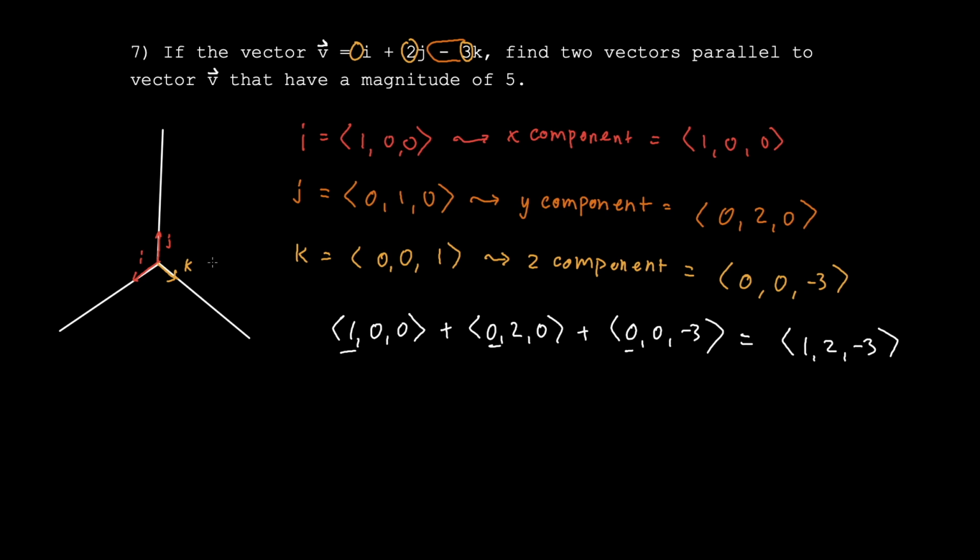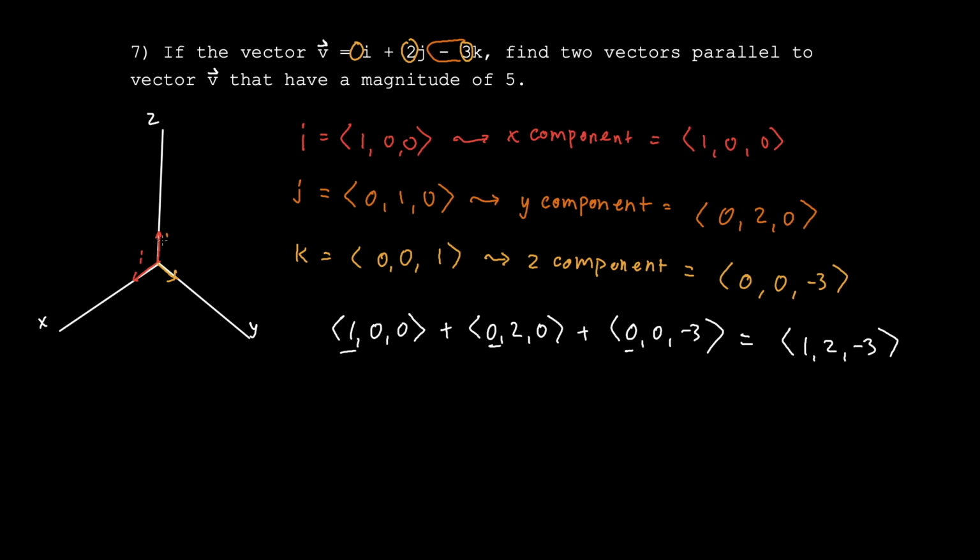So this vector, according to the 3 space graph, will look something like this. So i would remain unchanged because it's multiplied by 1. j would be elongated to 2 times its length. Actually, I just realized that I wrote this wrong. k is actually the z component, so it should be pointing upwards.